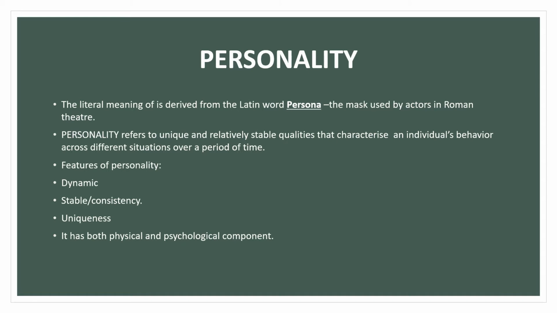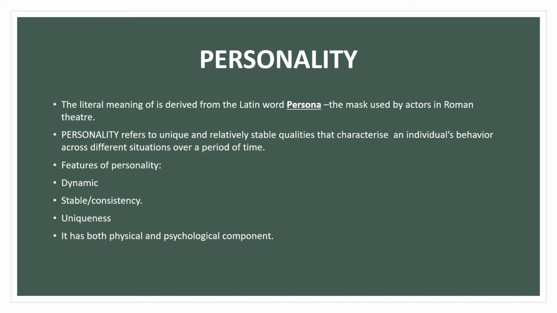For example, an honest person is more likely to remain honest irrespective of time or situations. Next is uniqueness. Uniqueness means the response pattern or behavioral pattern of an individual is something unique, which makes him or her different from others.